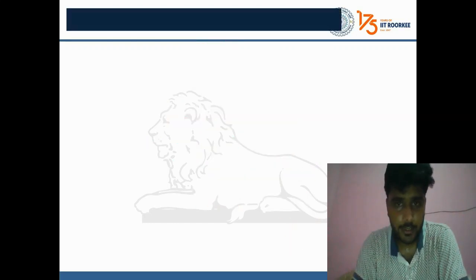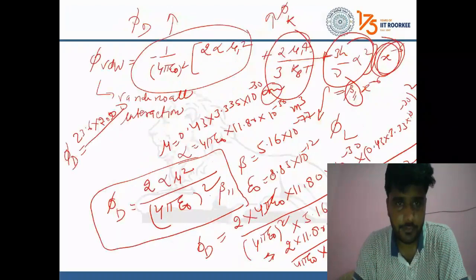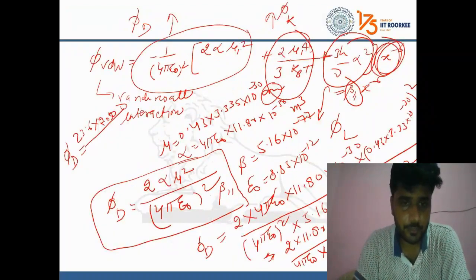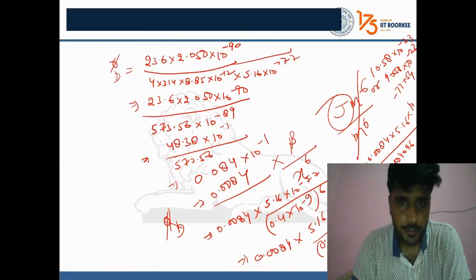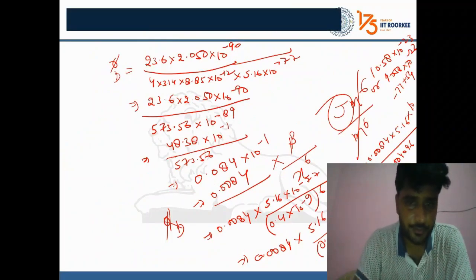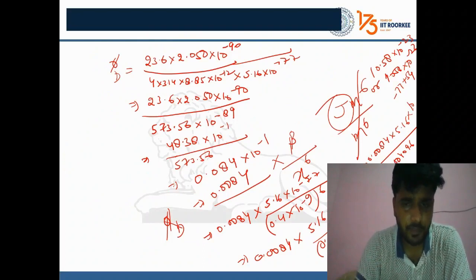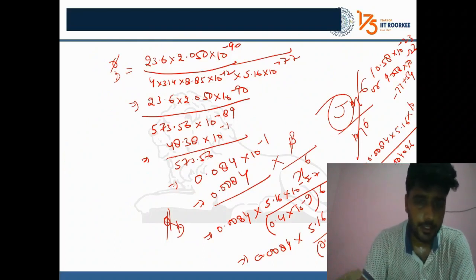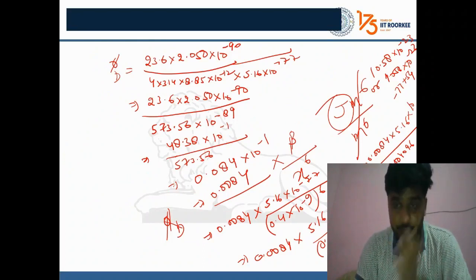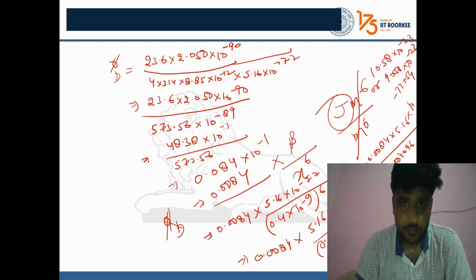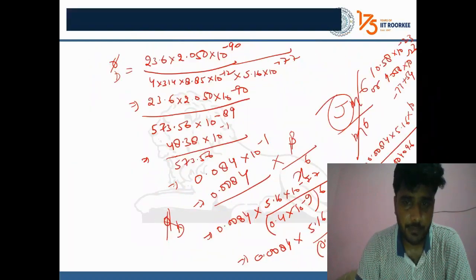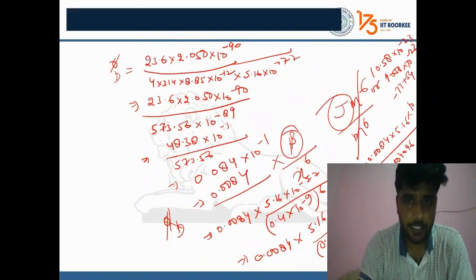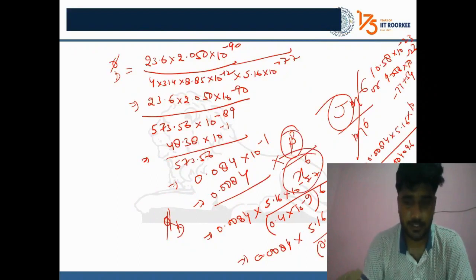After that, you have to put the values in this simple formula, and you will get the contribution. After getting the contribution, because the value is asked in joules, you have to multiply by this beta value and divide by x power 6. That is the separation distance.